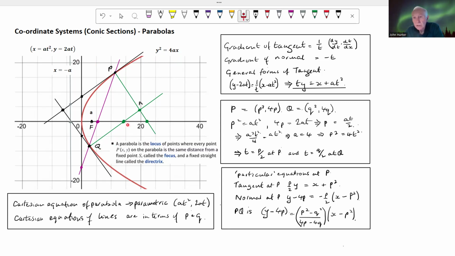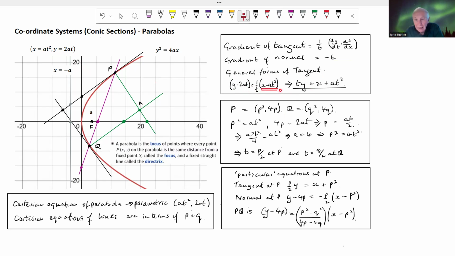However, all the other lines are obviously straight lines. So that's the tangent. The normal is therefore going to have gradient minus t. The general form of the tangent is y minus y1 equals 1 over t times (x minus x1), where (x1, y1) is the actual point at parameter t.